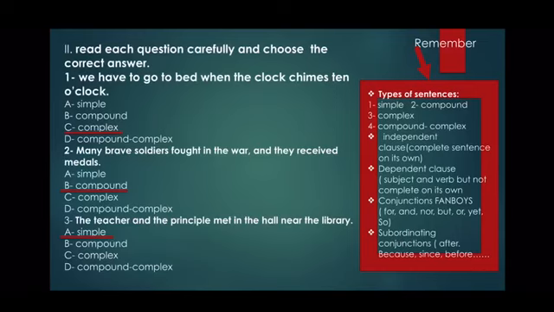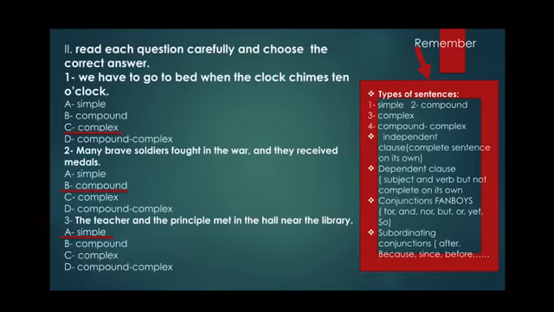There's something missing in the dependent clause. The conjunctions, we can put them in the word FANBOYS, which are for, and, nor, but, or, yet, and so. And you have subordinate conjunctions, which are after, because, since, and before. And this is all written in your booklet.